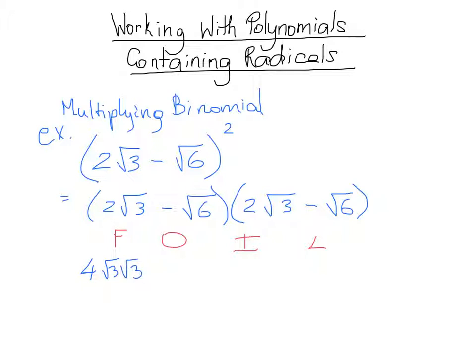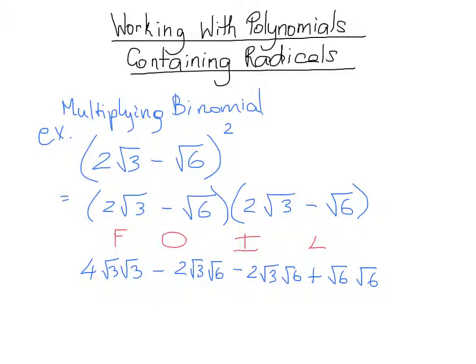Plus, it's actually outer, so that times that gives us minus 2 root 3 root 6. Inner, so the inner terms give us minus 2 root 3 root 6. And finally, last, our two last terms, when we multiply, give plus root 6 root 6.